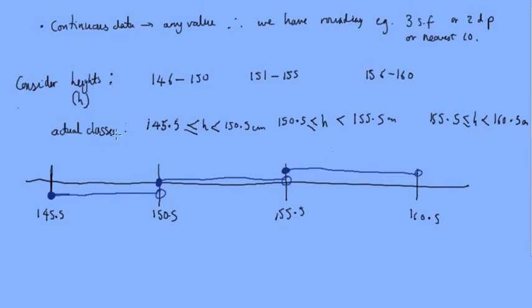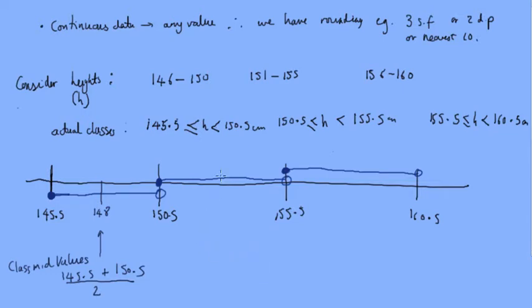Now we're going to have our class mid values, so the middle number that this can take. For this one, it will be 148. So the class mid values are going to be, we take our 145.5, add it to 150.5 and divide by 2, and we get this.